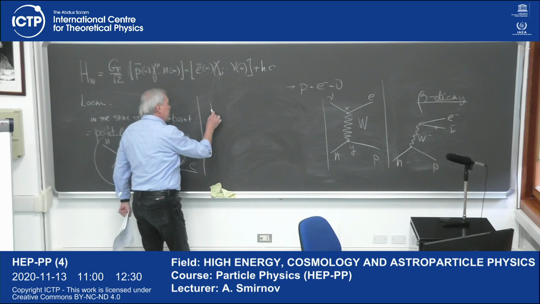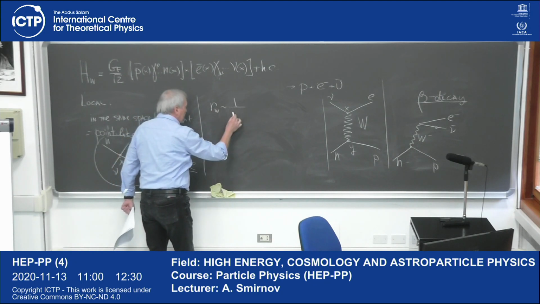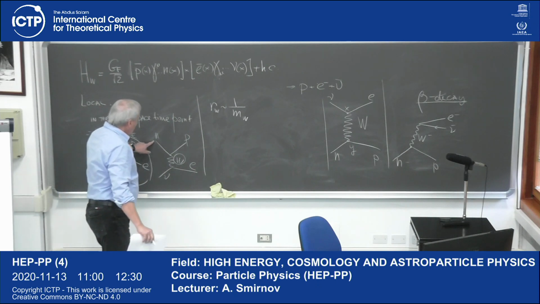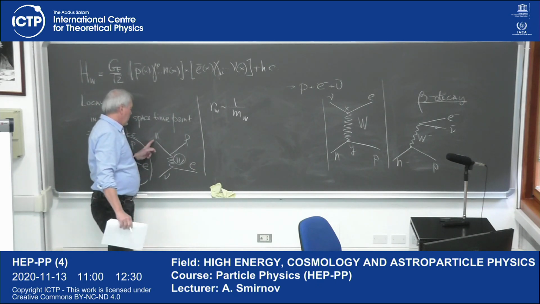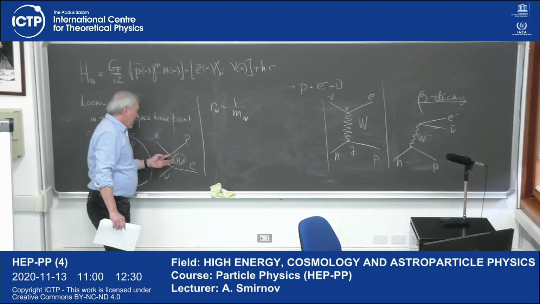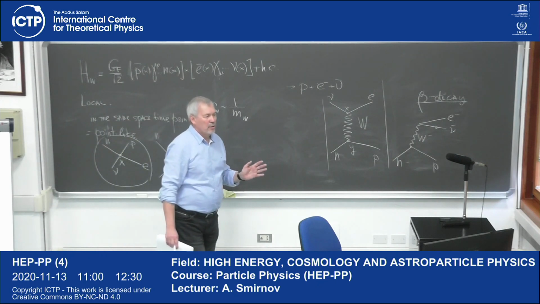then it can propagate, as a virtual particle, which I will explain, distances of 1 over the mass of the W boson. So, of course, if you have, for instance, a neutron which is transformed to a proton, and we have emission of a W boson, and the masses of these two are nearly the same, the particle which is emitted from this vertex is virtual. Who knows what a virtual particle is? It's not on the mass shell.